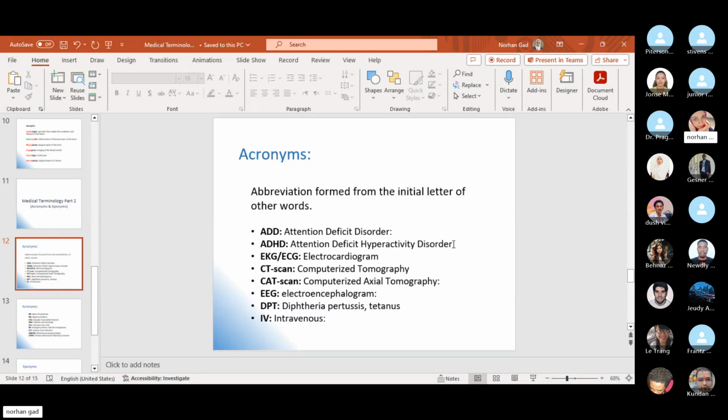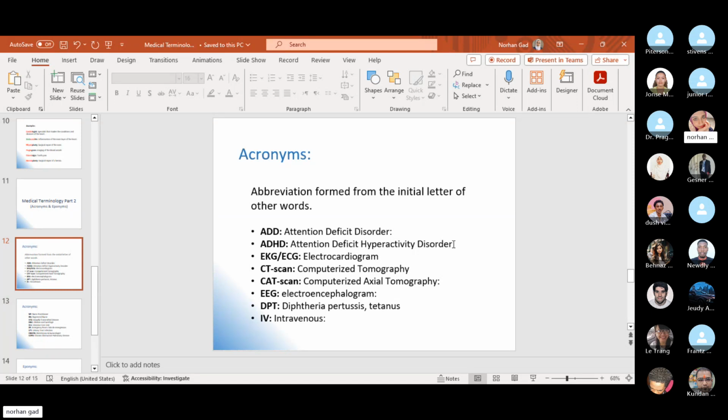Because those patients, those LEPs, live in an English-speaking community, in an English-speaking country, right? So they're going to hear the acronym a lot. So they need to know what it means. What is ADHD? This is the name of a disease that my son is having or suffering from, which is, in my language, attention deficit hyperactivity disorder.